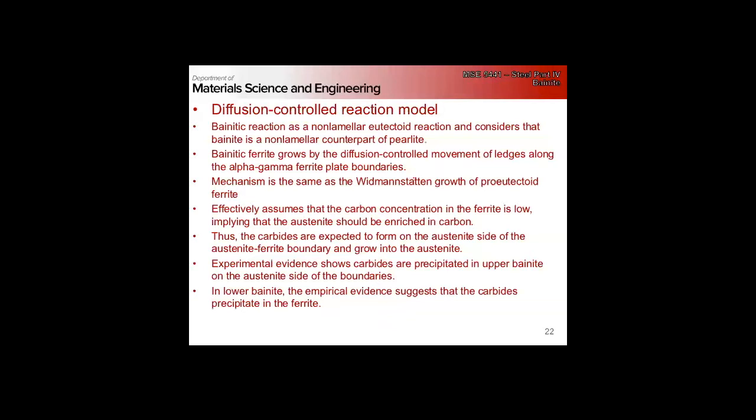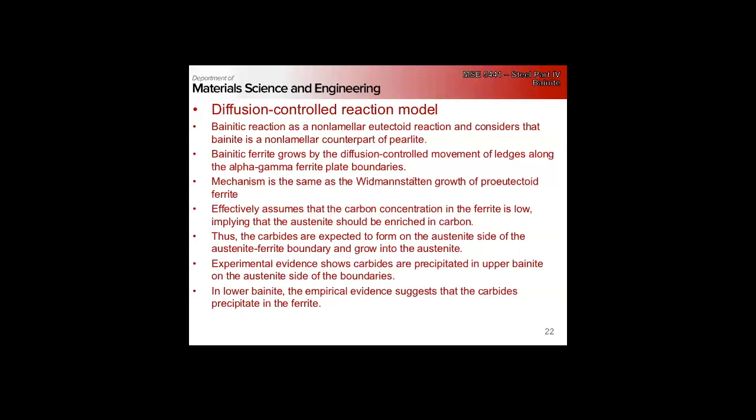So we have this diffusion controlled growth along the edges, the ledges. Remember the step interfaces that we talked about with Widmanstatten ferrite? We have that same mechanism at the austenite-ferrite interface, and it's basically the same as Widmanstatten, in that the carbon concentration in the ferrite is very low, and we've diffused everything out into the austenite.